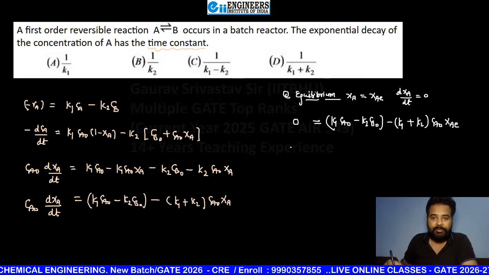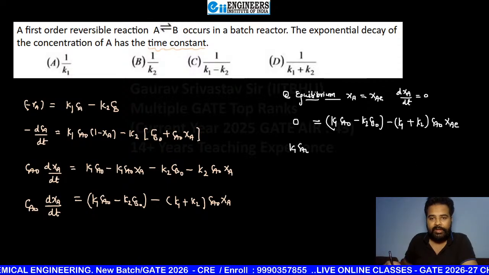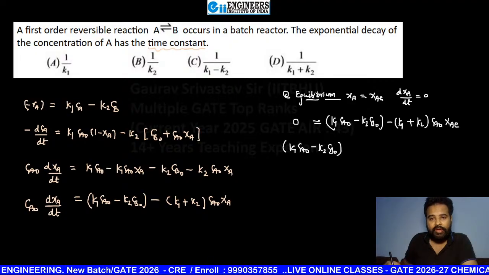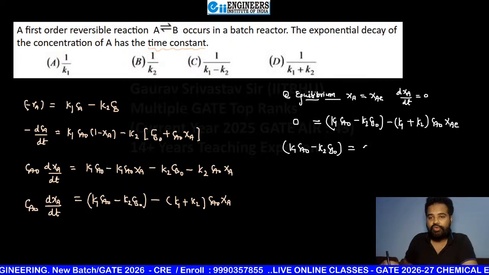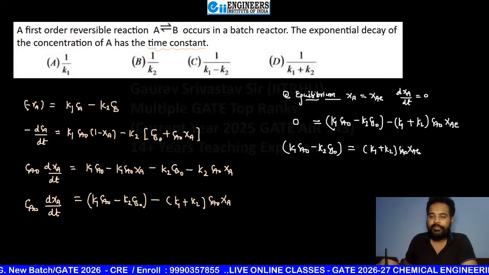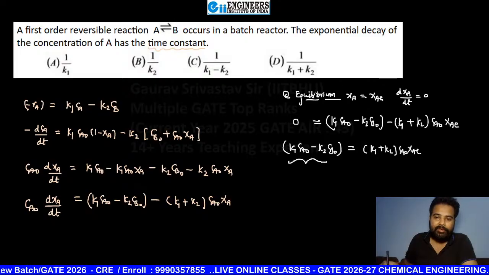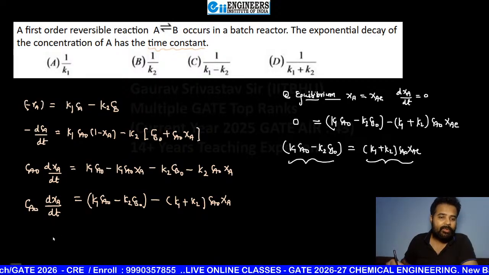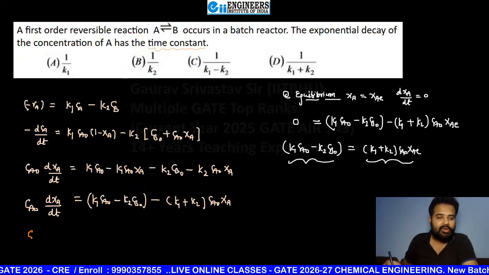With the help of this expression, beta, you can write K1 Ca naught minus K2 Cb naught, and that becomes equal to (K1 plus K2) Ca naught XAE. Now in place of this, we are going to put this, and now what will happen with our last expression?